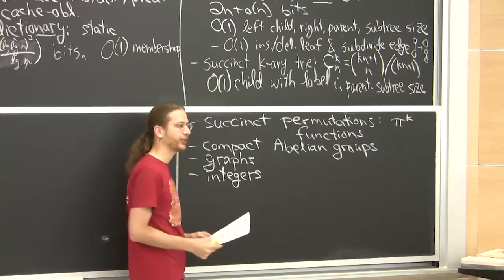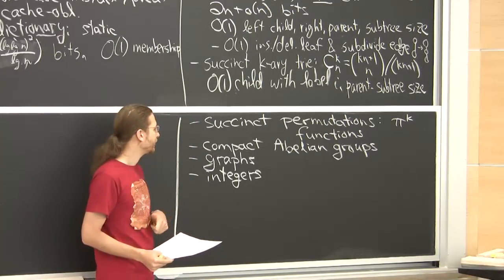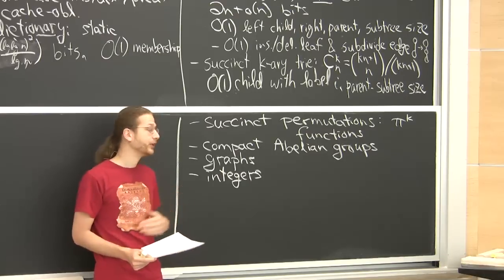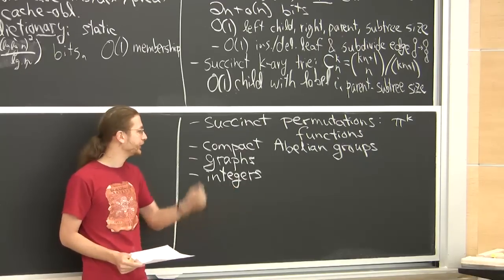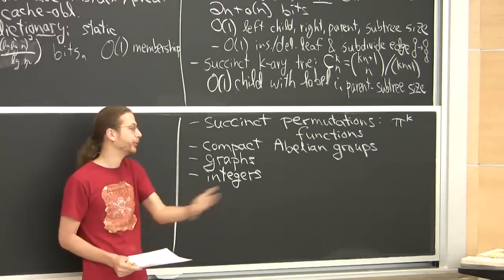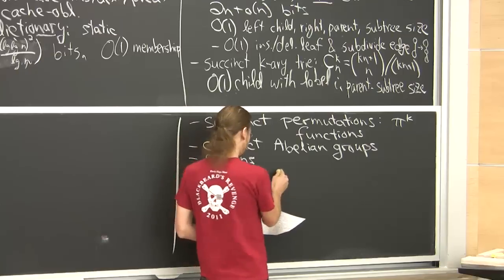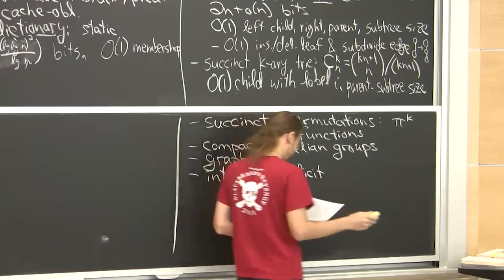So you want to store an integer, and you want to be able to increment and decrement the integer. And you want to do as few bit operations as possible. Worst case, for example, if you have lots of ones in your bit string, you do an increment, you don't want to pay linear cost, linear number of bit updates to do it. And so you can achieve implicit, so just a constant number of extra bits of space.